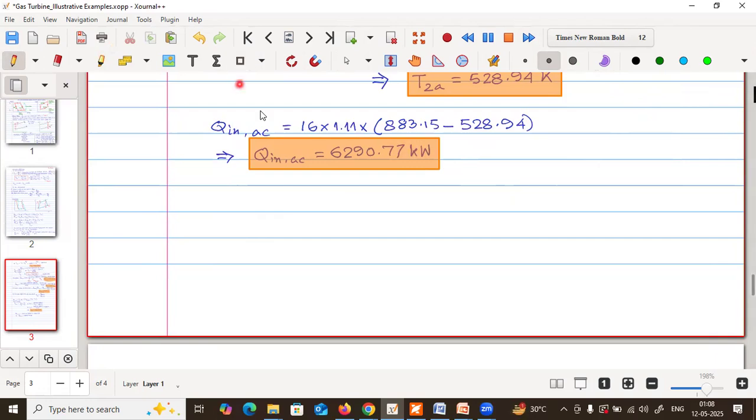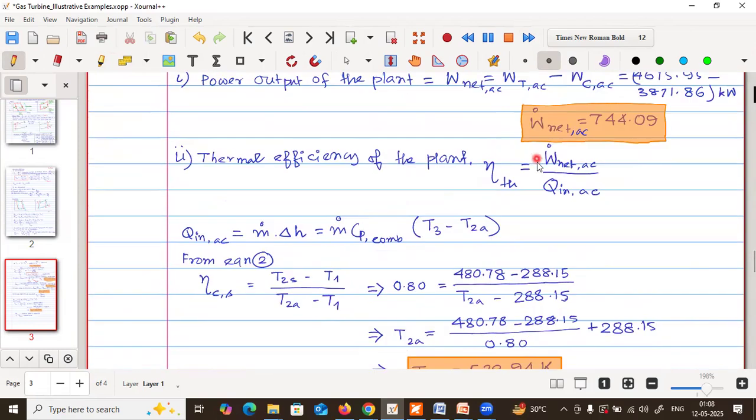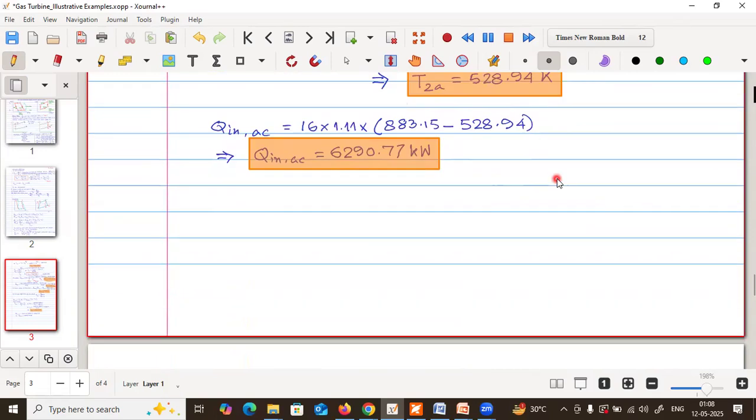Okay. Therefore, the thermal efficiency is W net by Q in. So that is eta is equal to 744.09 divided by 6290.77.